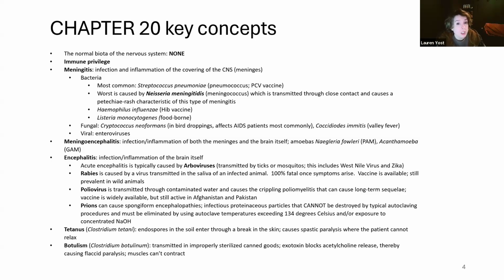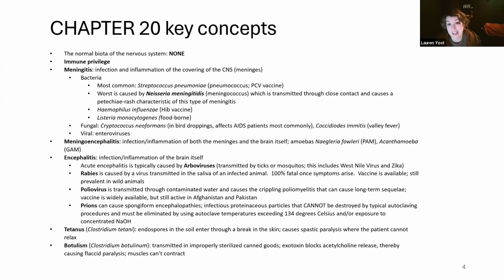And so the nervous system is an immune privileged site. There's also no biota associated with the nervous system, no natural biome. It should be a completely sterile environment as far as a microbiome goes. So no natural bacteria or anything that normally inhabit that type of tissue. It's immune privileged, meaning that it is basically controlled by its own type of regulation of immune response.